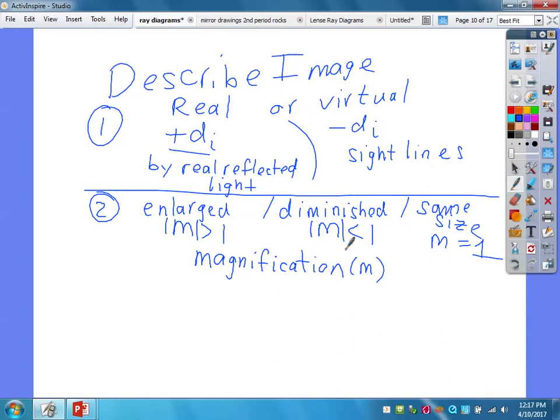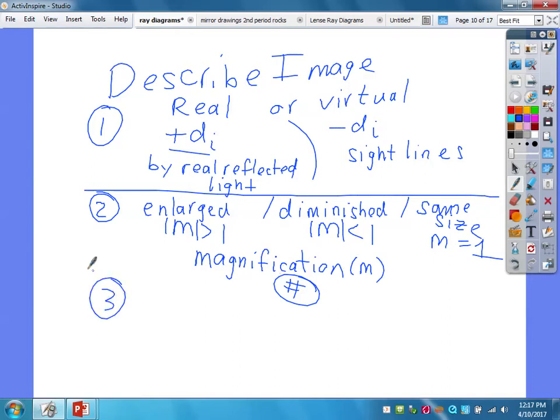It's the number that we're focusing on. Is the number for the magnification greater than 1 or less than 1? In other words, a decimal. We don't go less than 0. If it's 0, that means there is no image there. But you will see we will do problems where it's -1, -2, and -3.